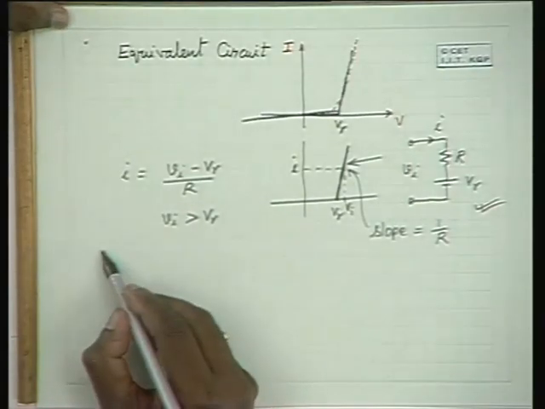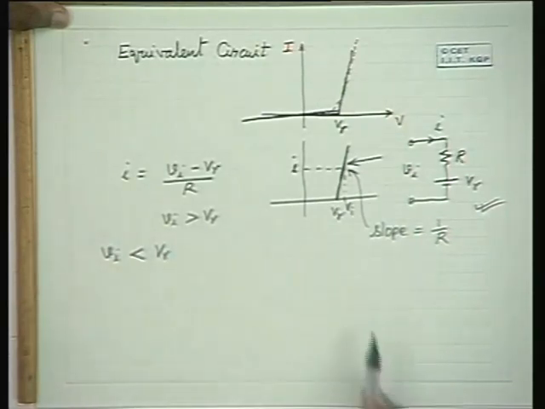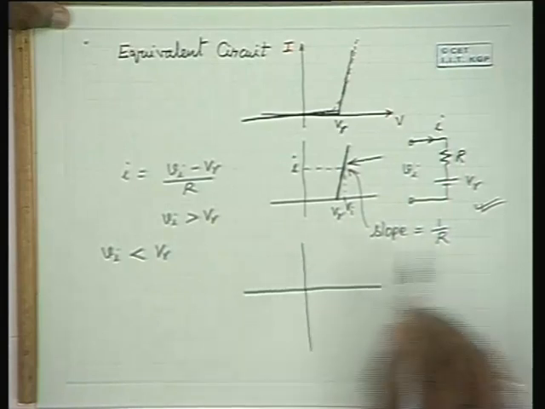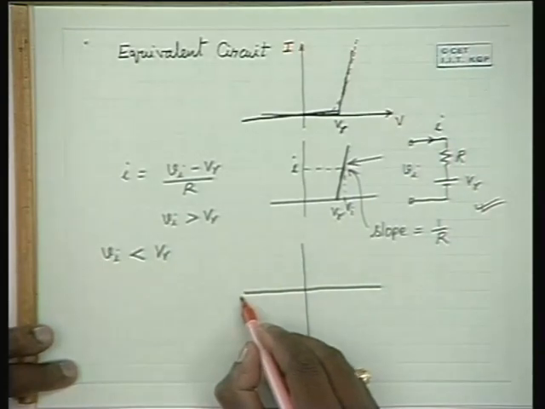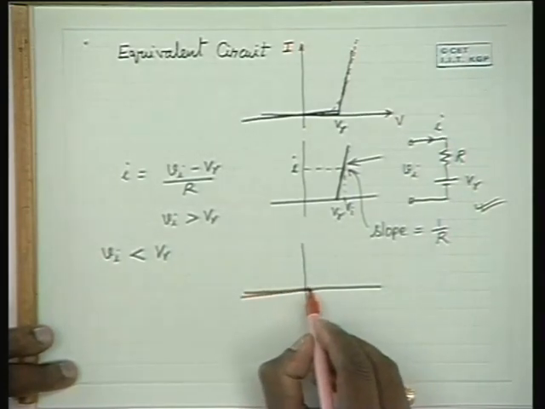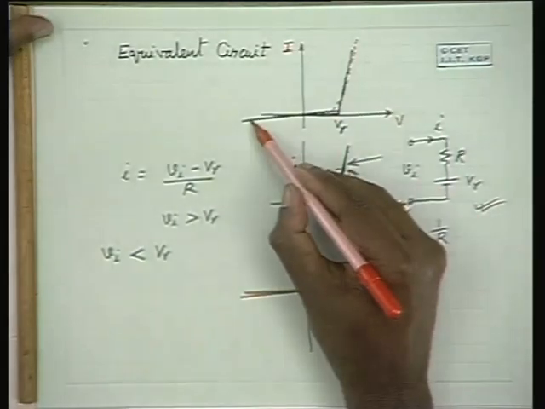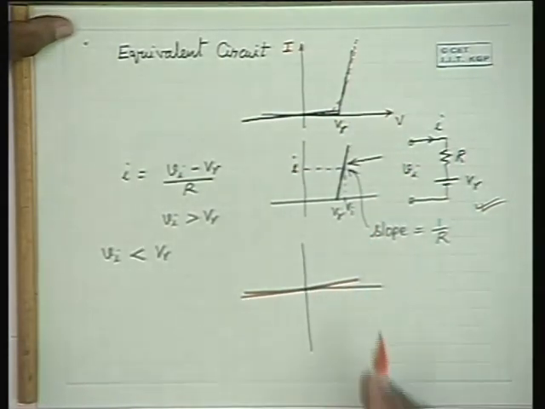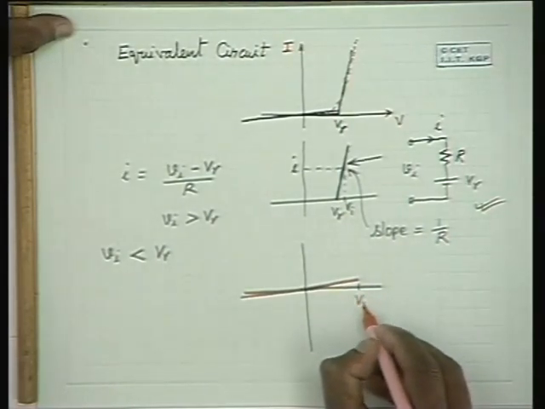Well, when Vi is less than V gamma, what is the characteristic? When Vi is less than V gamma, the characteristic can be approximated by another straight line whose slope is very small. Please note that this characteristic can be approximated by a straight line of this type. So this is valid up to V gamma.